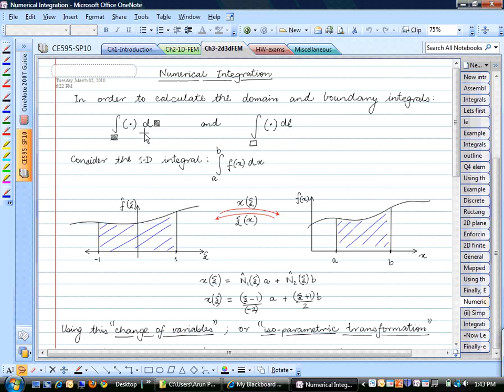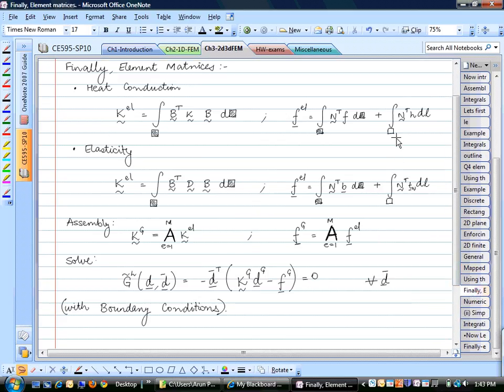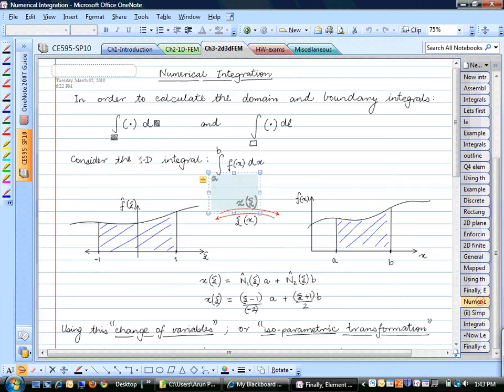So those are the two types of integrals that are involved in our problem. If you take a look at the previous page, this is the boundary integral, and these two are the domain integrals. Those are the two integrals that we are trying to find out how to evaluate. In 2 dimensions, we'll take a look at how we do that, but let's first look at how we do that in the 1-dimensional case.